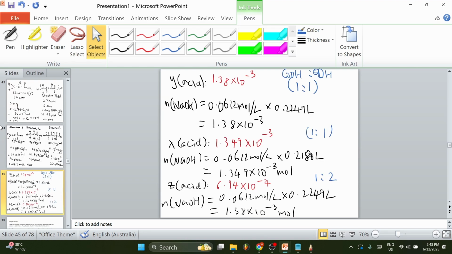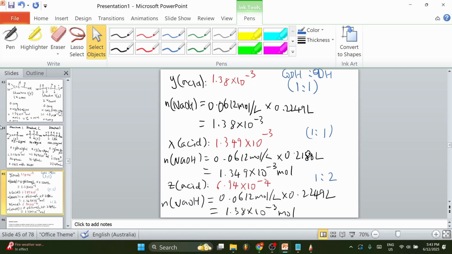The mole of sodium hydroxide against the Y acid is 1.38 times 10 to the negative 3 mole. The mole of sodium hydroxide against the X acid is 1.349 times 10 to the negative 3 mole. And then the mole of sodium hydroxide against the Z acid is 1.38 times 10 to the negative 3 mole.